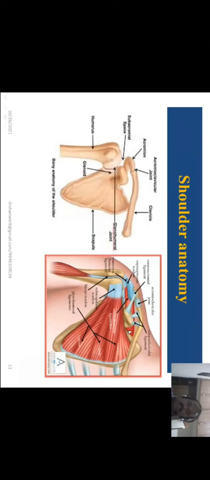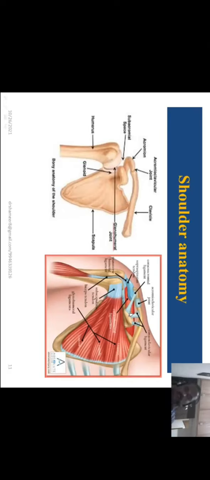It originates from the supraspinous fossa, and we can see the coracoacromial arch, and it attaches to the greater tuberosity. By contraction of the supraspinatus muscle, the shoulder abducts. The primary function of the supraspinatus muscle is abduction.